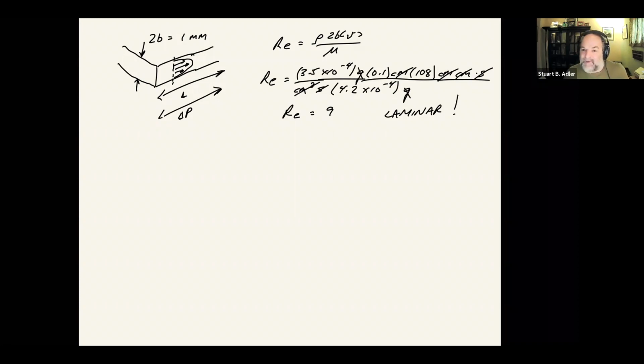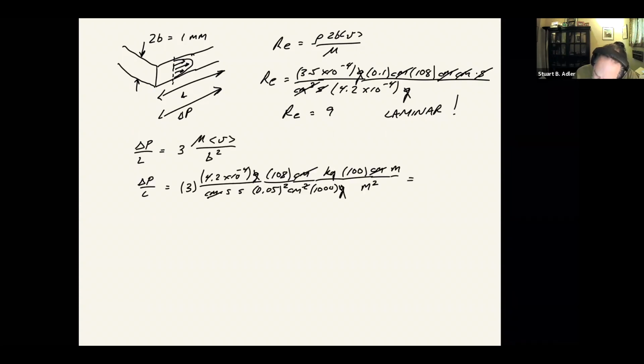I think this is probably one of the first problems you solve in fluid mechanics, the parabolic velocity distribution in a gap subject to delta P over distance L. Assuming it's one-dimensional and everything has translational symmetry, and we have this nice parabolic velocity profile, we can just look up the equation for the delta P over L. It's going to be 3 times mu times the average velocity divided by b squared.